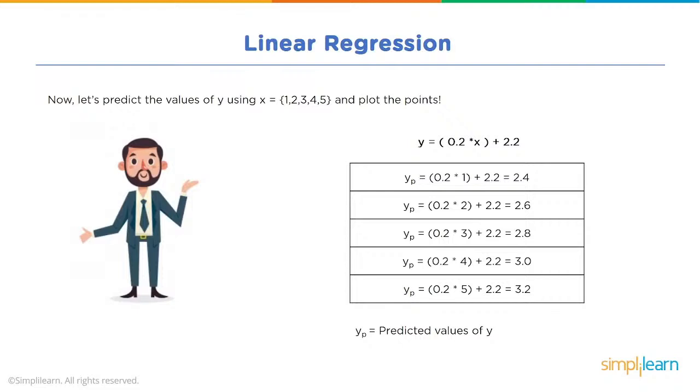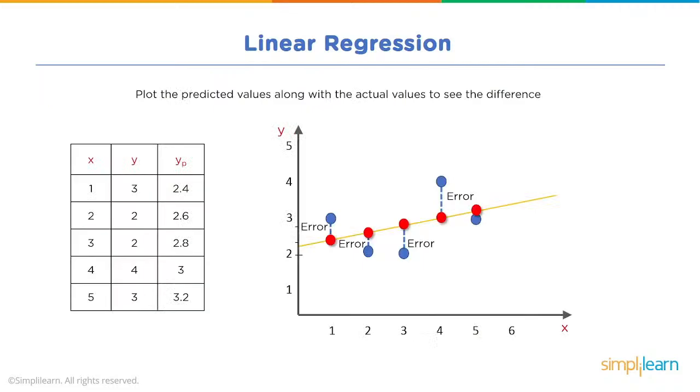When we plug those in, we get y predicted, designated y p. You can see x equals 1 gives 2.4, x equals 2 gives 2.6, and so on. So we have our predicted y values of what we think it's going to be. When we plot the predicted values along with the actual values, we can see the difference.